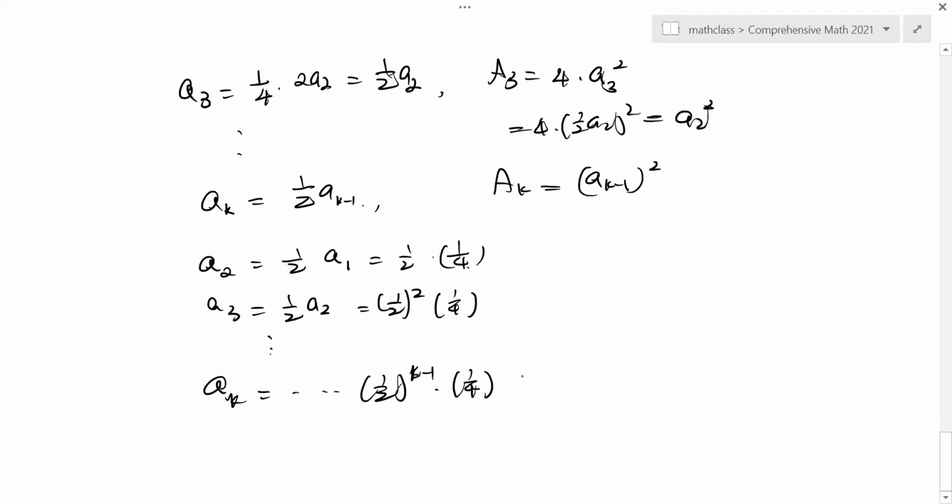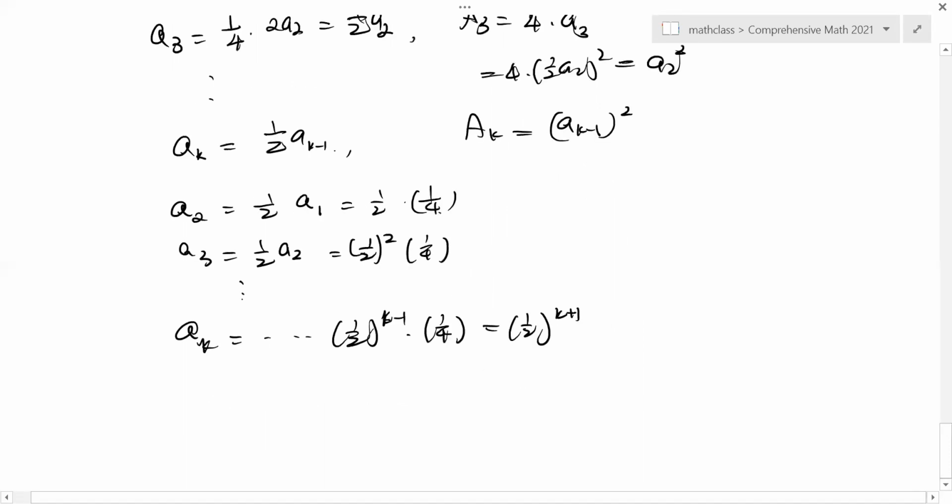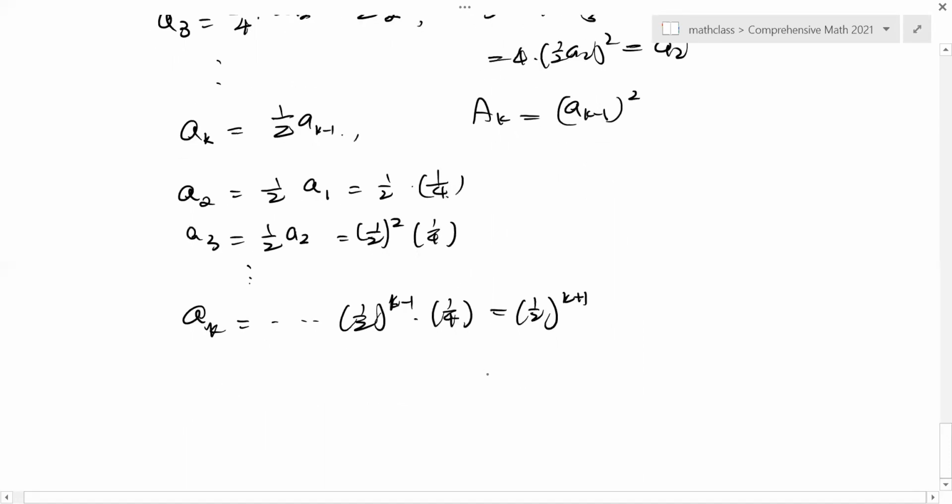If we combine them, we get (1/2) to the k plus 1. Once you get this formula, you get A_k, which is a_(k-1) squared, so it's 1/4 of it.